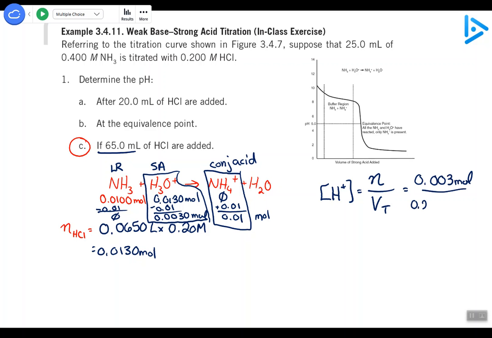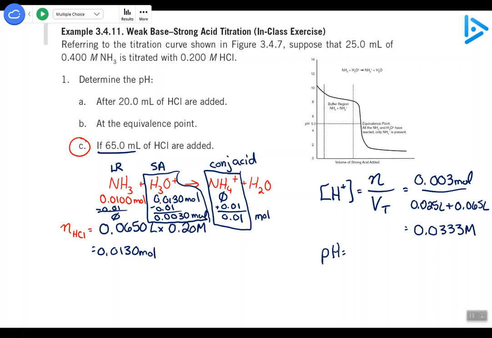I started with 25 milliliters, and I've added 65 milliliters, 0.065 liters, which gives me a concentration of H+ as 0.0333 moles per liter.